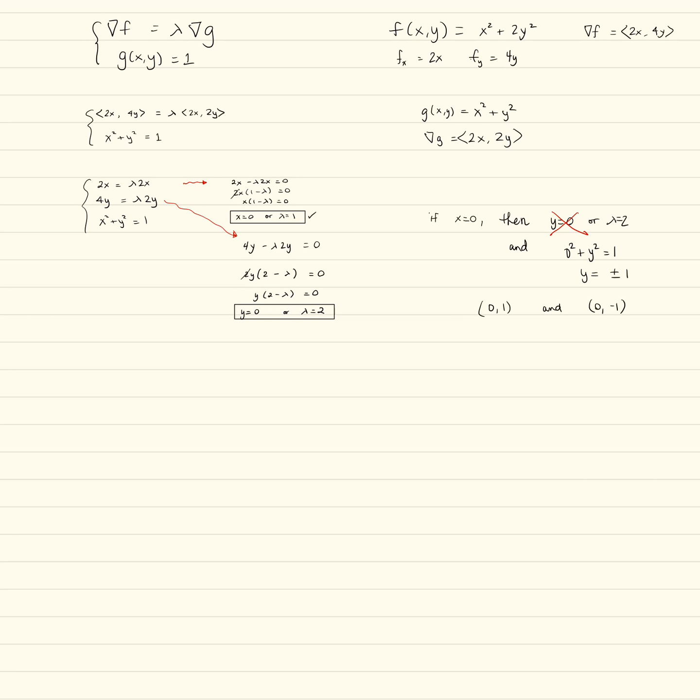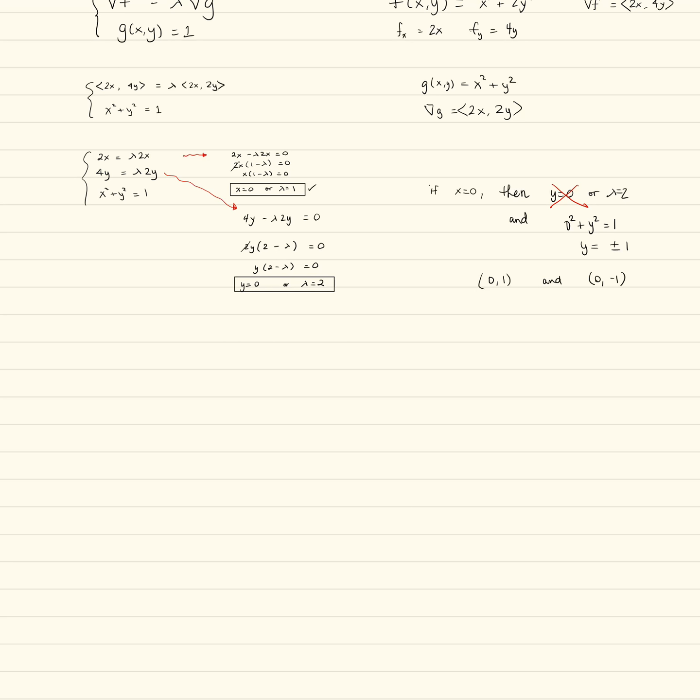Let's look at the second equation. Now if y is equal to 0, then either x is equal to 0 or lambda equals 1.